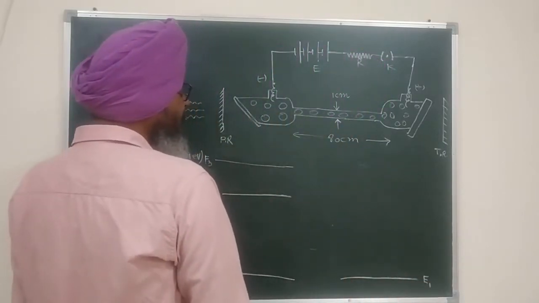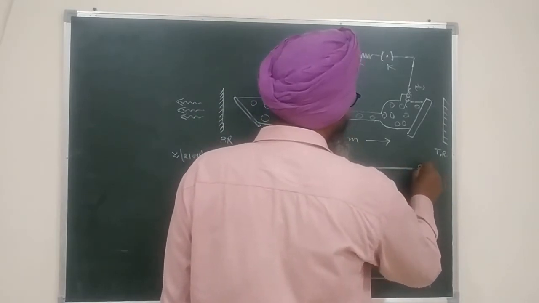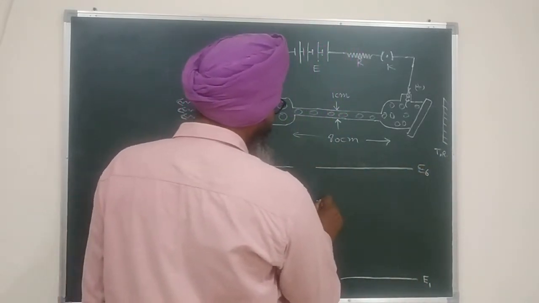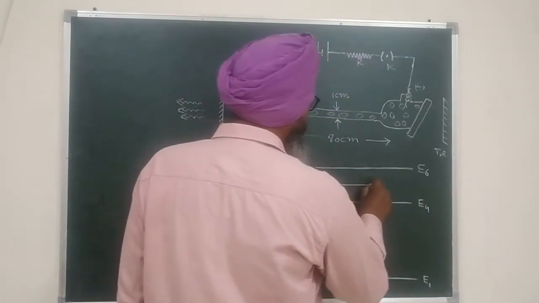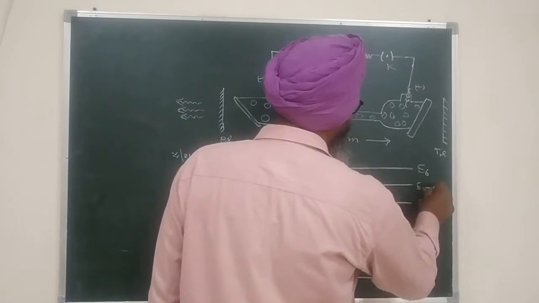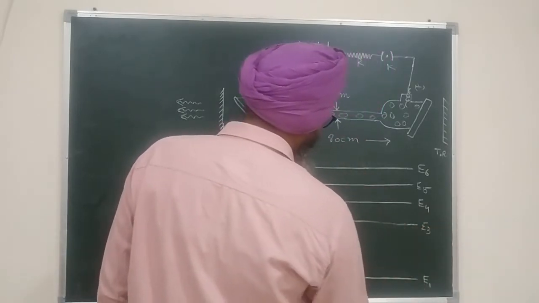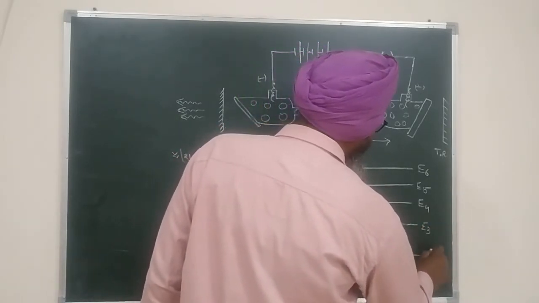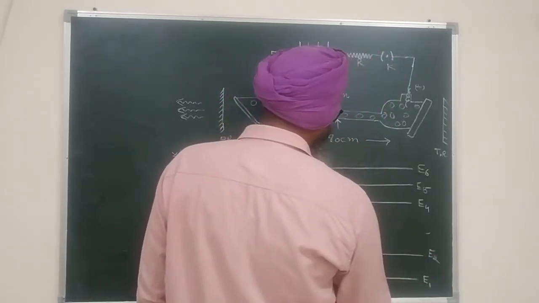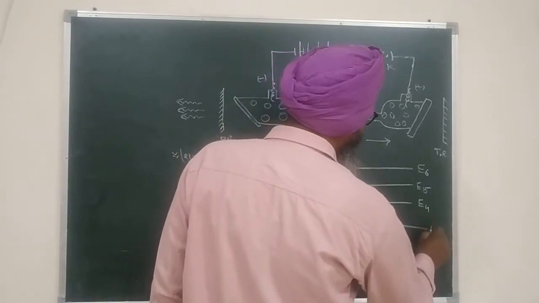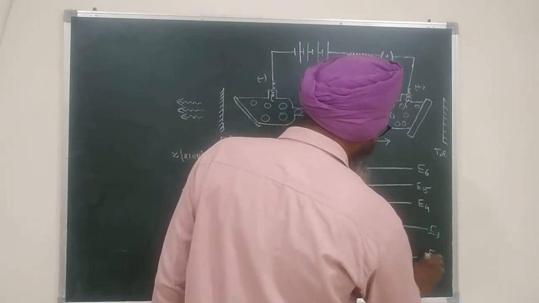So this is E1, this is actually E6, this is actually E4, in between them there is E5, here it is E3, and somewhere here it is E2. So E3 is slightly closer to, E2 is slightly closer to E1.